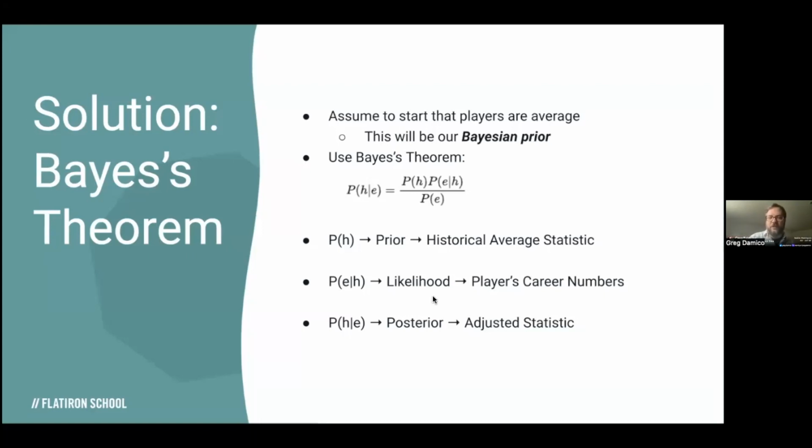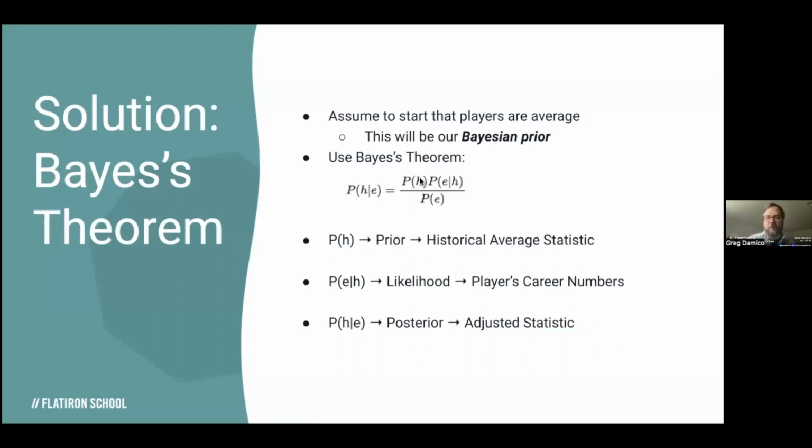What is that information? It's going to be the player's career numbers. What is the probability that a player gets a hit given all of the weight of this player's career, given the career statistics that we have in front of us? If a player has not very much experience, then the prior is going to dominate this calculation.